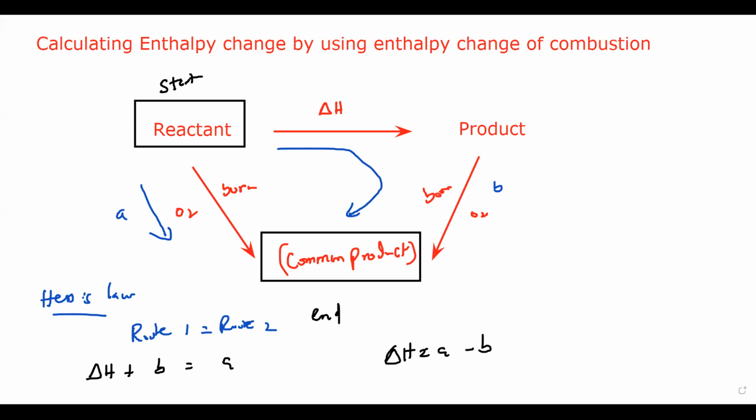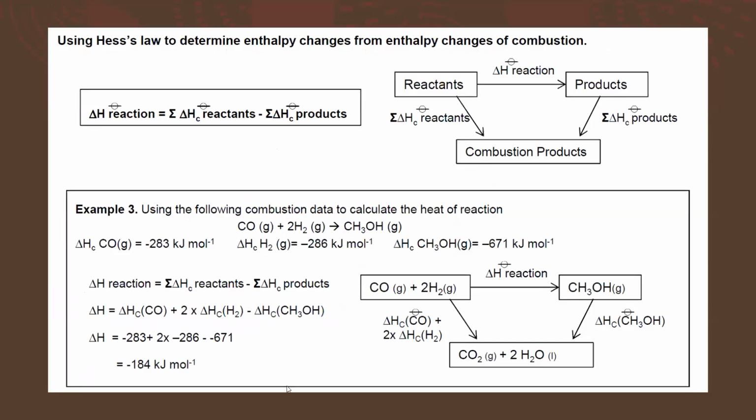So, example: using Hess's law to calculate the enthalpy change from the combustion.